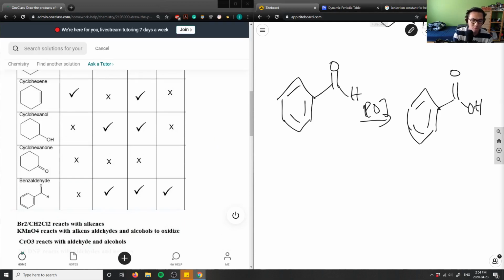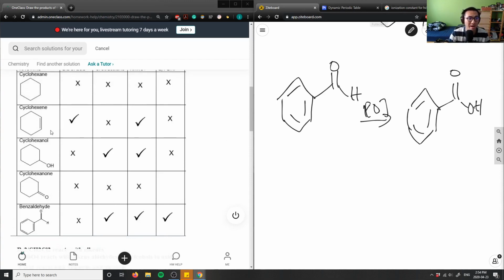Let me double check that. I believe it can cleave the bond. Oh, you wouldn't cleave the bond, but you would add a diol group. So let me write this down for you.